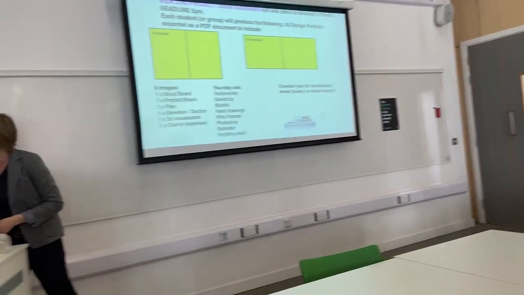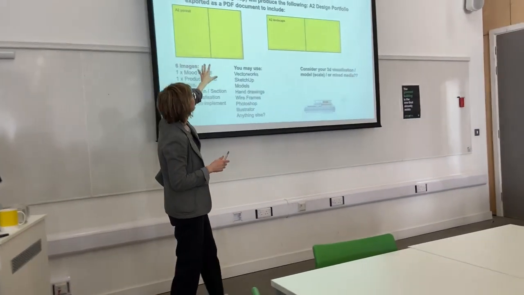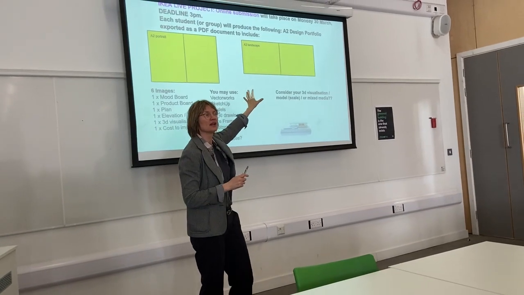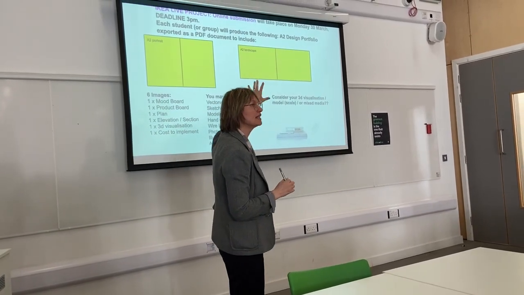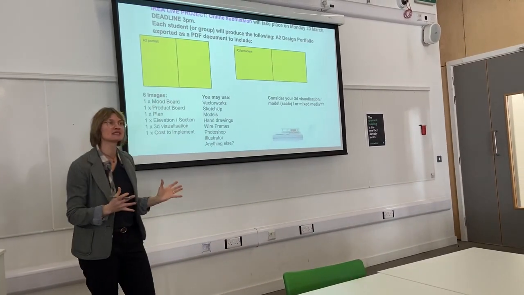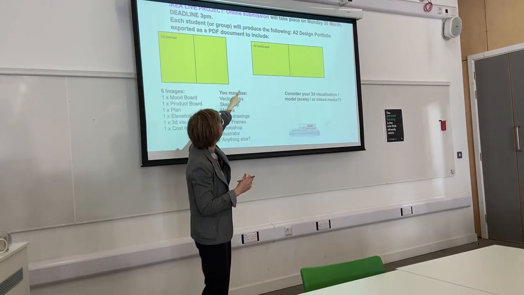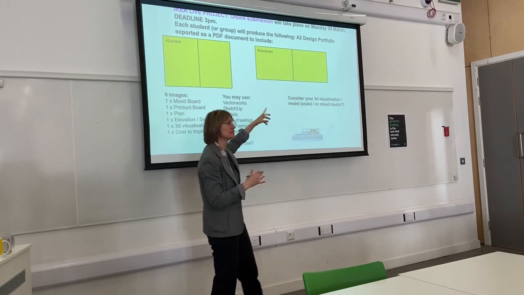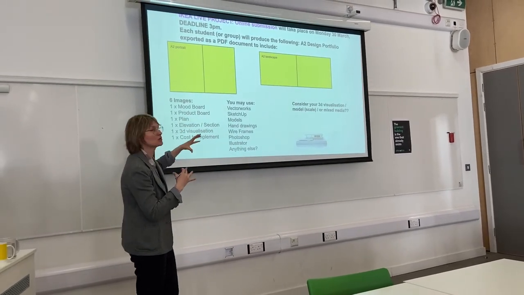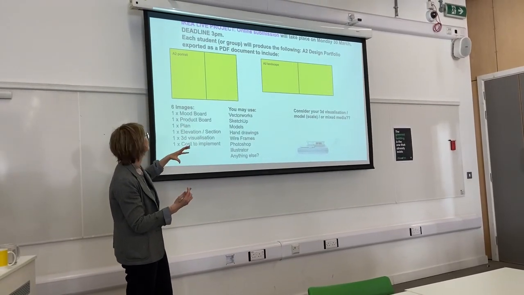So, you'll submit it as an A2 portfolio, as a PDF. It can be portrait, it can be landscape, maximum of 6 pages, but you can double up on pages if you want. Maybe it helps to think about the flow of it and how you want to collect and communicate your information.